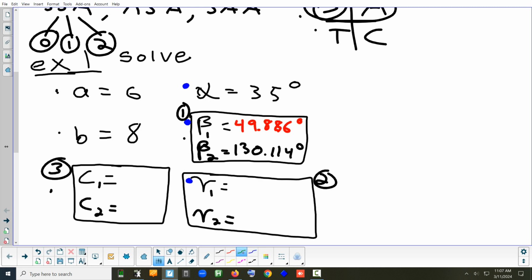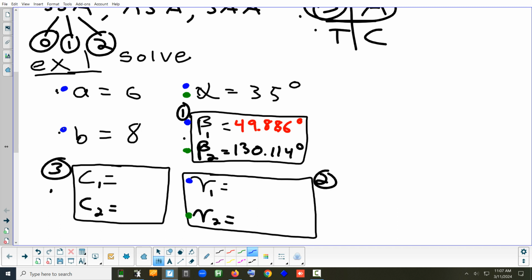In the green problem, we've got alpha, beta 2, and gamma 2. Those are the three angles in the green problem. So alpha is shared. It's in both problems. And the same thing for the sides. A was given, so it's in the blue problem.